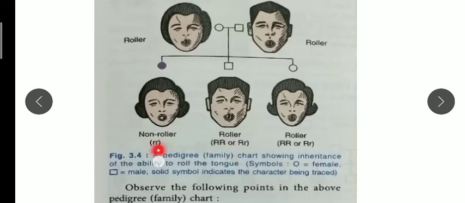But the first girl is a non-roller; she does not have the dominant gene for the roller, so she is unable to roll her tongue. Here the symbols are written: the circle is for female and the square is for male. The solid symbol indicates the character.